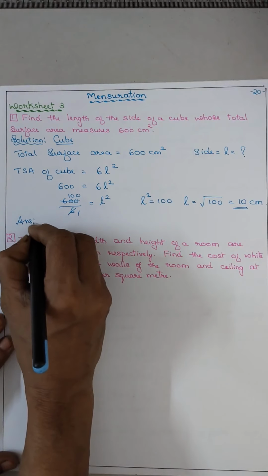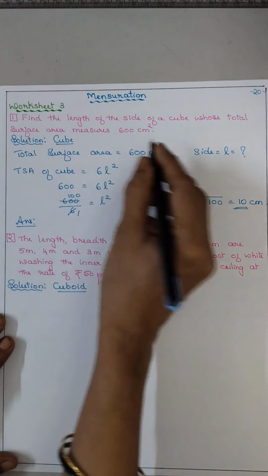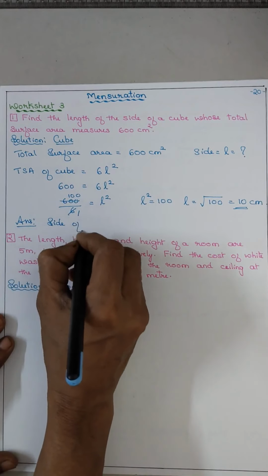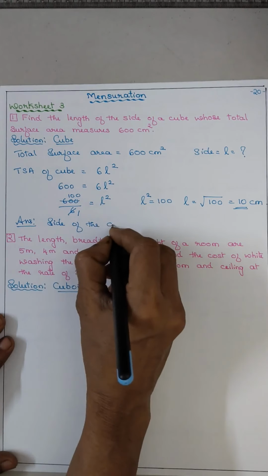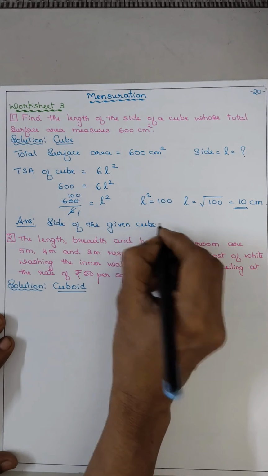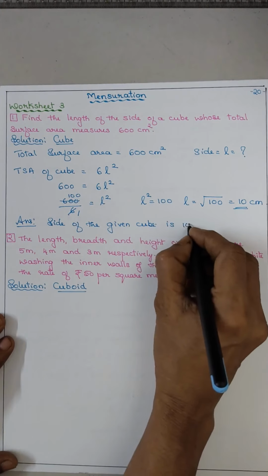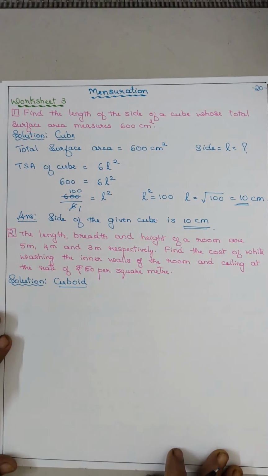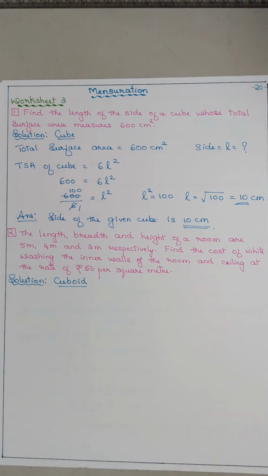Answer: the length of the side of the given cube is 10 centimeter. Understood? So the TSA is given, you have to find out the side.